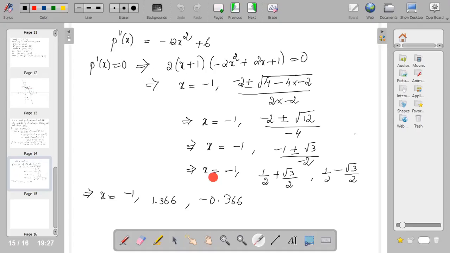So the roots are going to be x equal to minus 1, then 1 by 2 plus root 3 by 2, and 1 by 2 minus root 3 by 2.